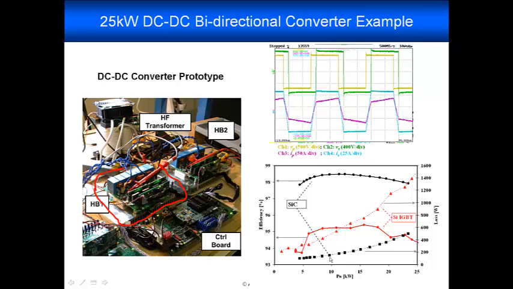We got a reduction of losses by a factor of approximately 3, and a simultaneous reduction in the size and weight of the converter also by a factor of 3, by going from silicon IGBTs to silicon carbide MOSFETs. That's just an aside to our main discussion for the dual active bridge.